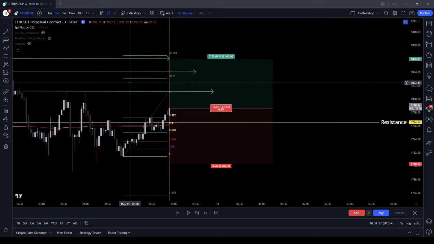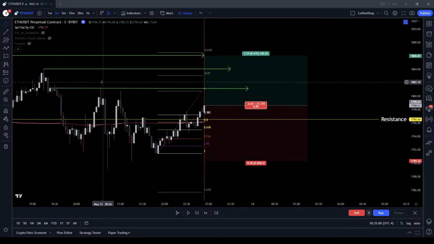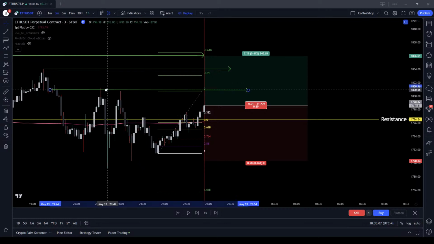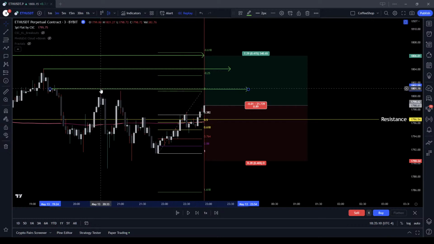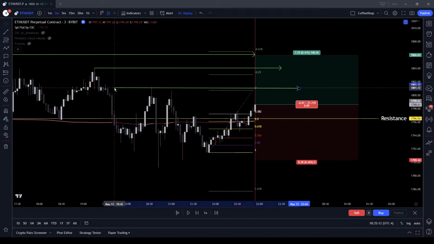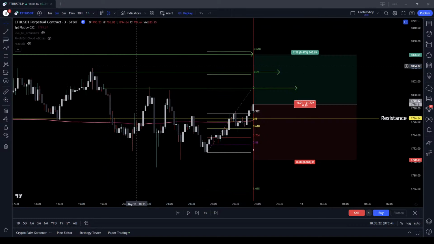And to be honest with you, now that I'm looking at it, I just realized I am working in a perpetual contract market. So I'm not taking the highs. Instead, I want the closes. I want the closing candles. So I'm not targeting this one. I was targeting this here. I want this close right here. Not the swing high. I want the close. And then same thing here. Let me adjust this. I want the close here.